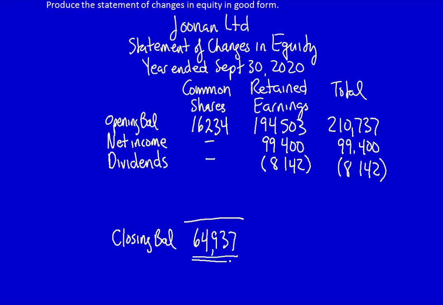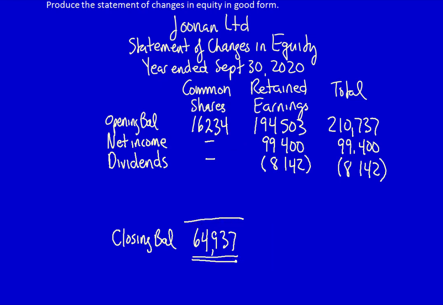Since this amount is larger than the $16,234, which was the opening balance, that tells us whether shares were repurchased or issued. If shares were issued, then the common share amount would increase. This is because by issuing shares, the company has increased the amount of equity because they have increased the amount that is owed to the owners. Common shares would go up.